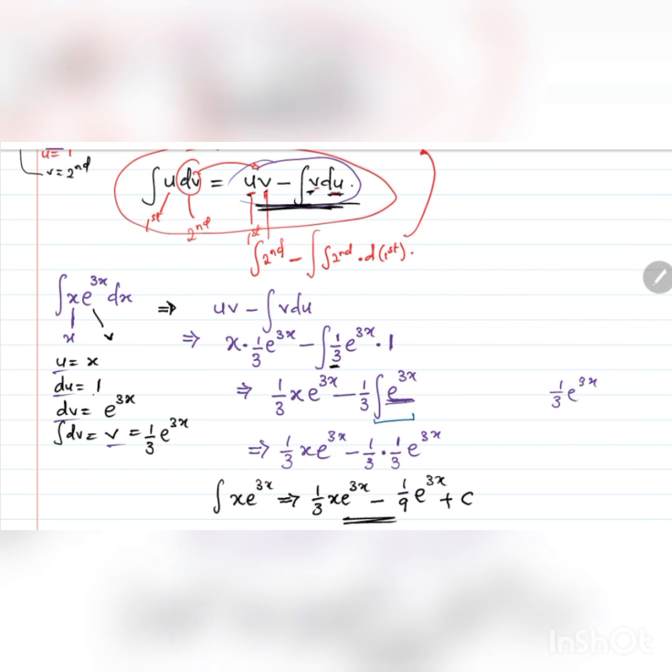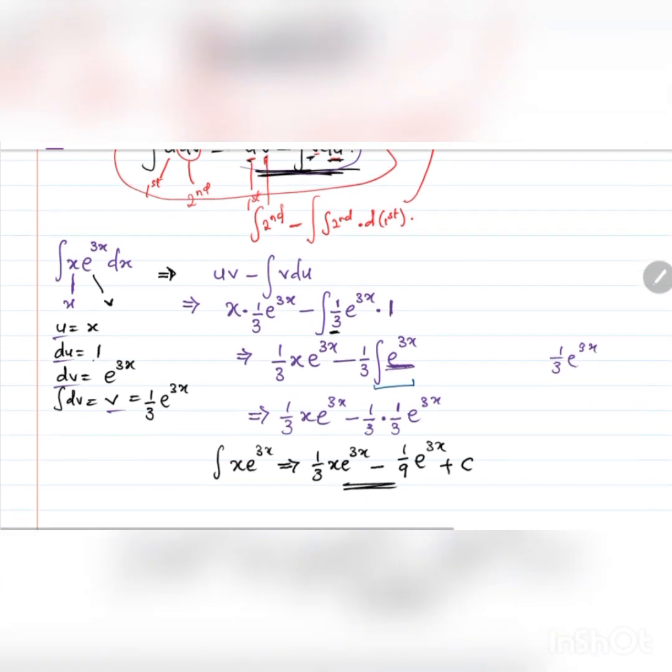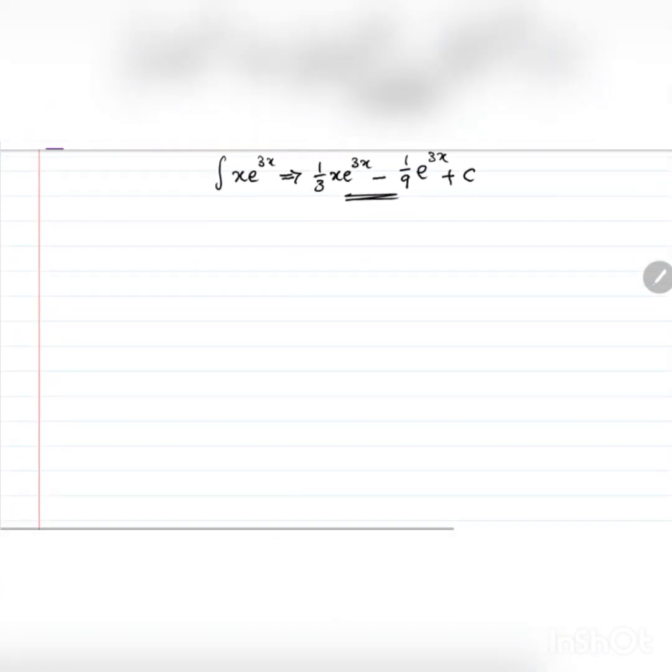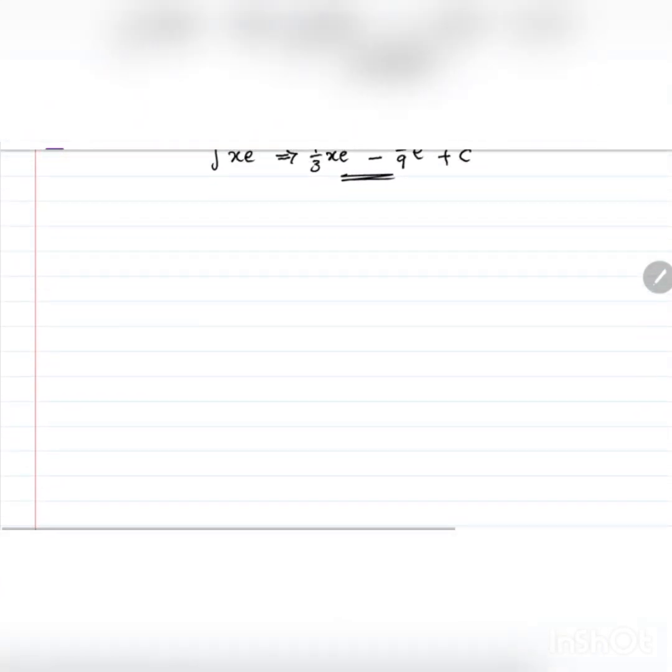Okay, now let's try to look into another example. What if we have a question like this? The integral of x squared sine x dx.